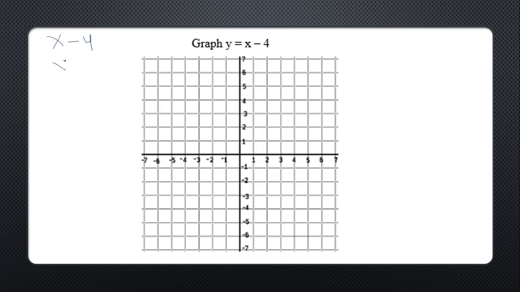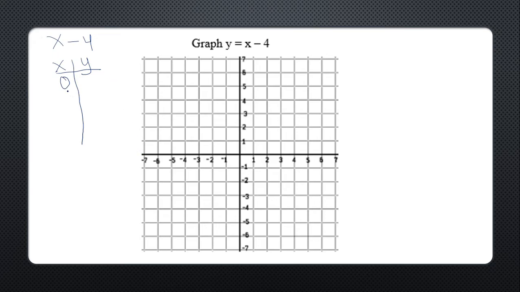So if I have a table of values, I'm always using 0 because it's easy. But you're basically picking these numbers out that you want to use. I want to make sure that they're not larger than any of the numbers on the table, because then I won't be able to plot those points. So just keep them small, keep them close to 0.